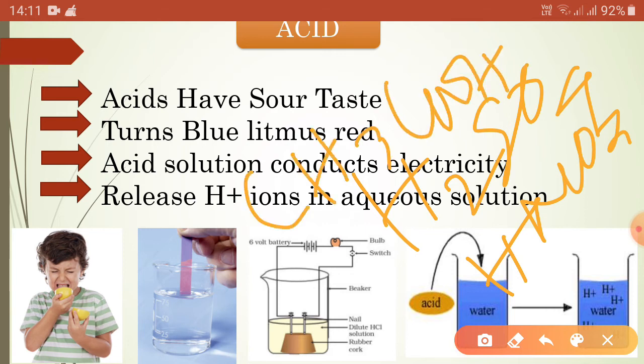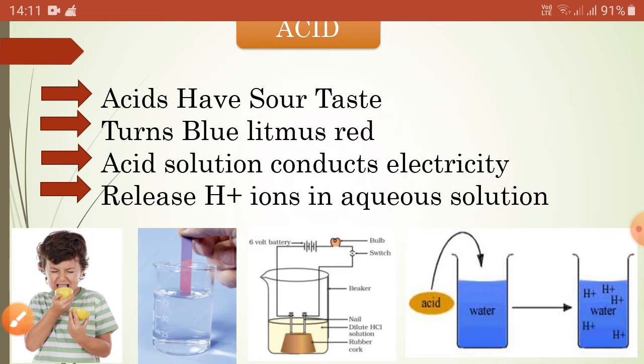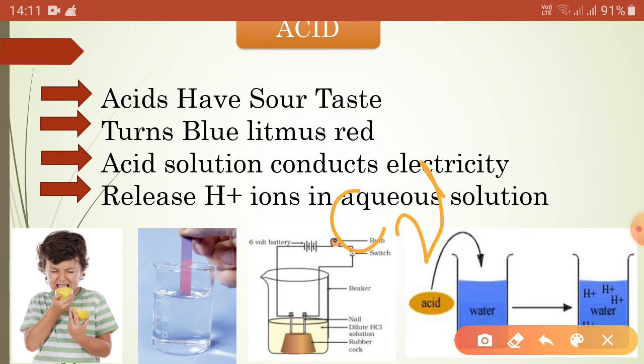All these are types of acids, and one organic acid is C2H2O4, known as oxalic acid. All these are known as acids.